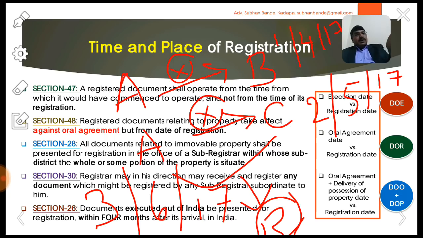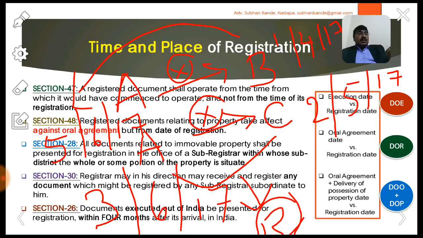But Mr. B presented the sale deed for registration in the registrar office on 5th June 2017. This is the problem.